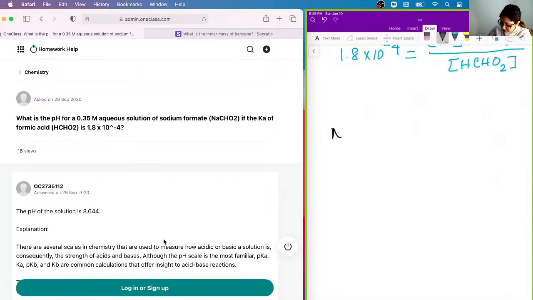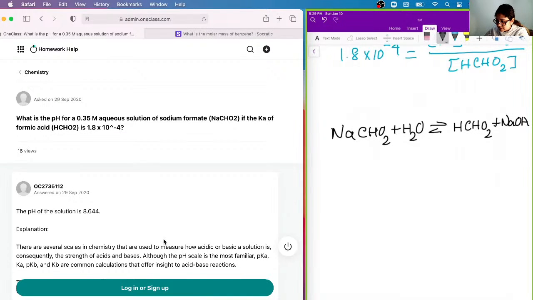We have NaCHO2 reacts with water, and we have this equilibrium equation, producing HCHO2 plus NaOH.